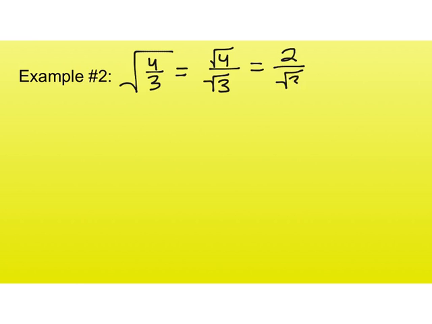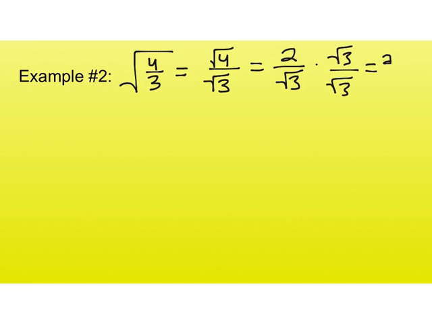Let me show you another example. We have the square root of 4/3, and this is just telling me to take the square root of 4 and the square root of 3. I know that the square root of 4 is 2, but we can't take the square root of 3, so we're right back to where we were in our previous example.